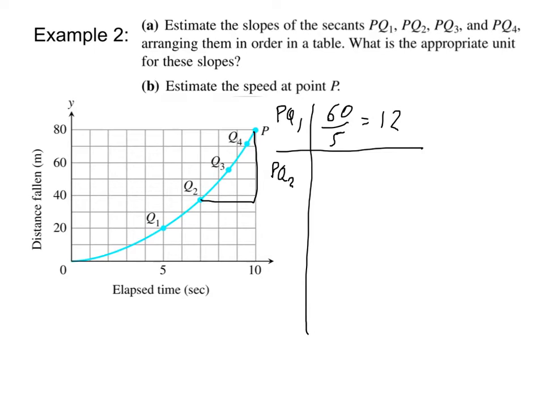It's just kind of an estimate. 38 up to 80, so that's going to be 42 over a distance of 1, 2, 3. 42, well, 30 divided by 3 is 10. 12 divided by 3 is 4. This would be 14. These are just estimates. Okay, you do the rest and see how you do. Hit pause.